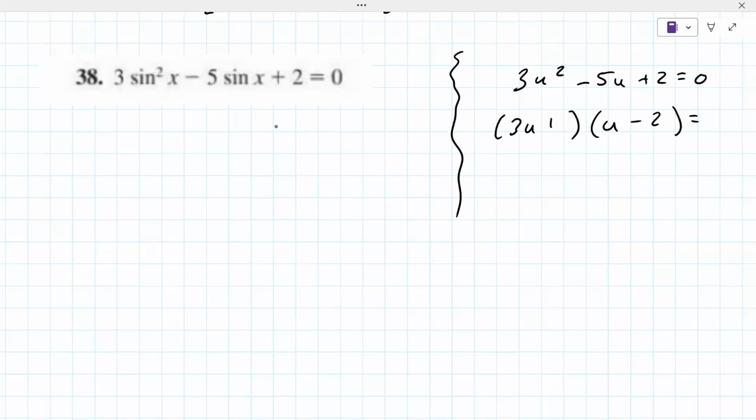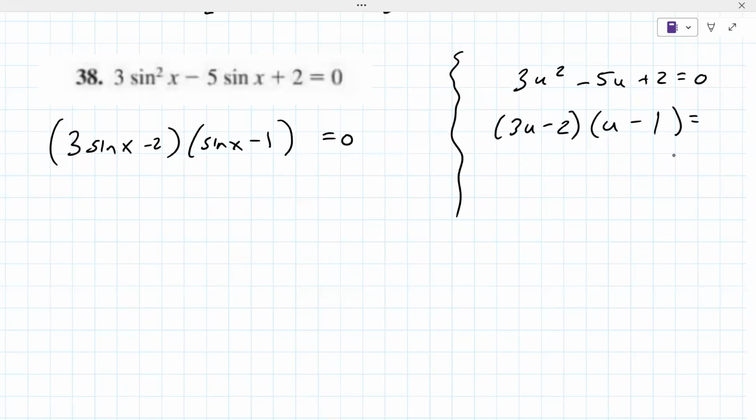Sorry, I got the wrong coefficient there. That does not work either. So I got them in the wrong place. 2 and 1. So what that means is that it's (3 sine x minus 2)(sine x minus 1) equals 0.